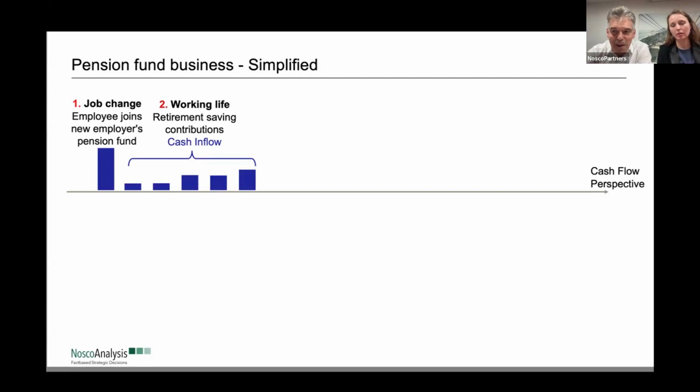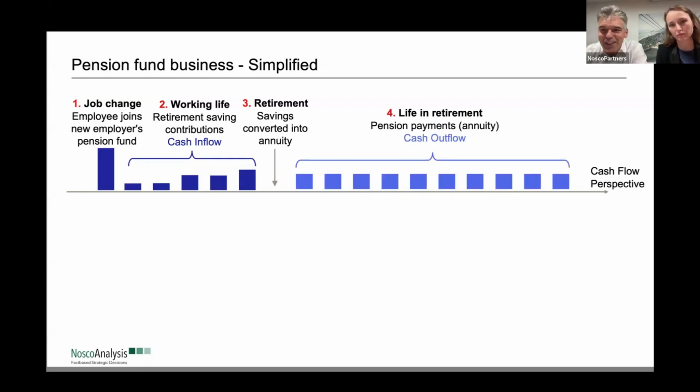That means she's a member of the pension fund and makes annual contributions, part of her salary. And then at a certain point, these retirement savings get converted into a pension, a fixed, inflation-adjusted pension in Switzerland. And then hopefully she can use this for many, many years, and sadly at one point she will die.